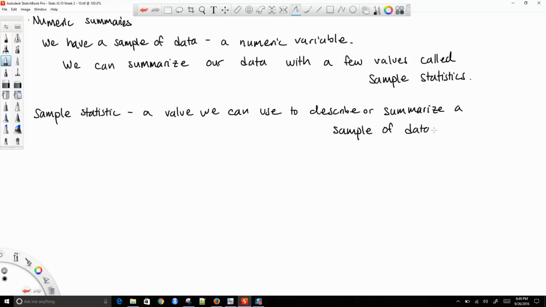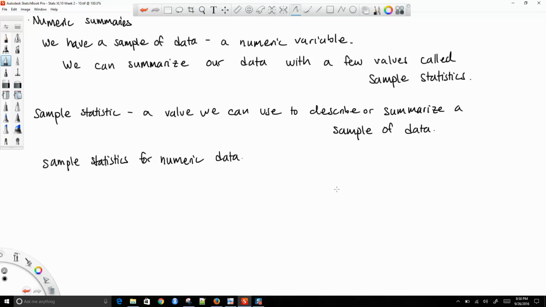In particular, we're going to look at sample statistics that summarize numeric data. We'll learn a few, but this is a concept that you are already familiar with.